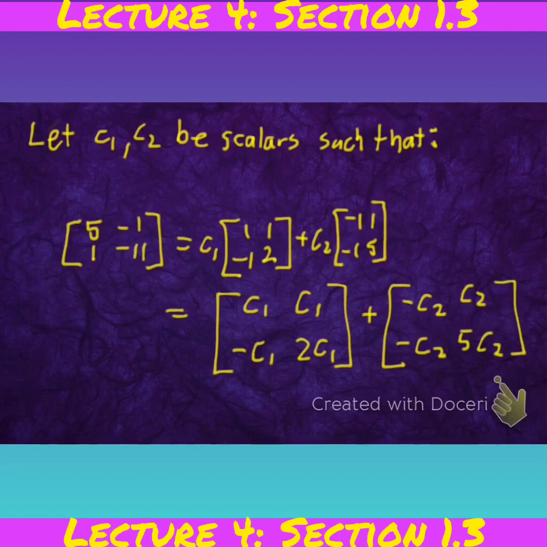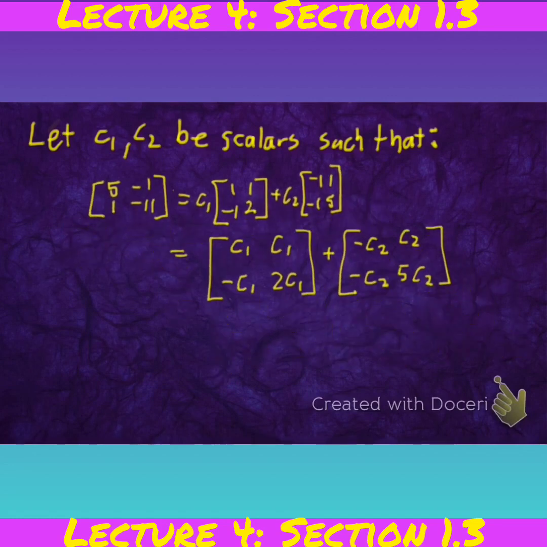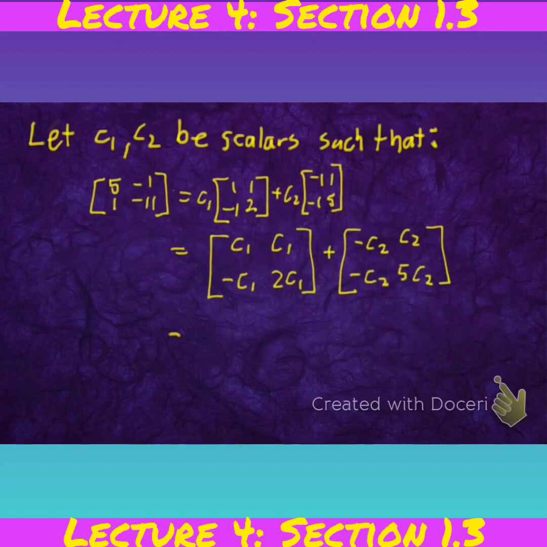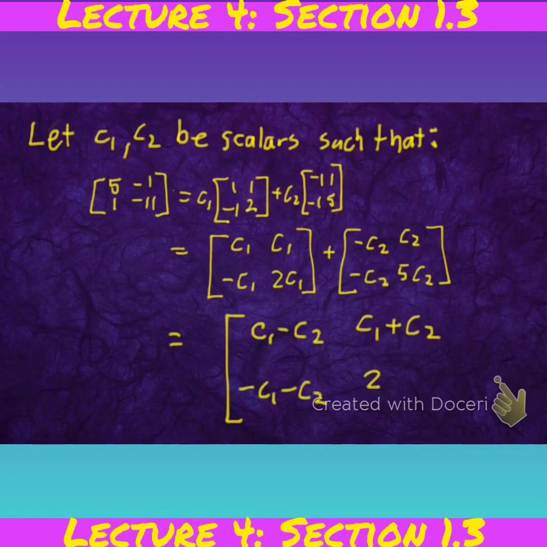Right, so you've got that equality, and then further simplification yields the following. Adding the two matrices, we get C1 minus C2, C1 plus C2, minus C1 minus C2, and 2C1 plus 5C2.